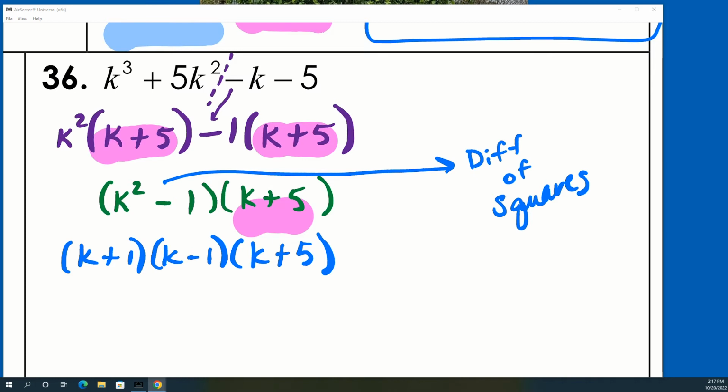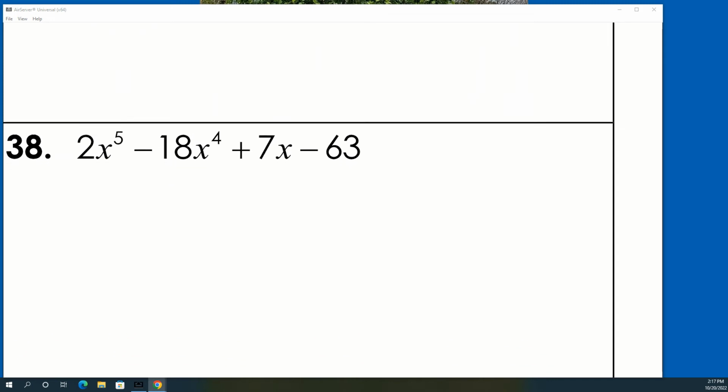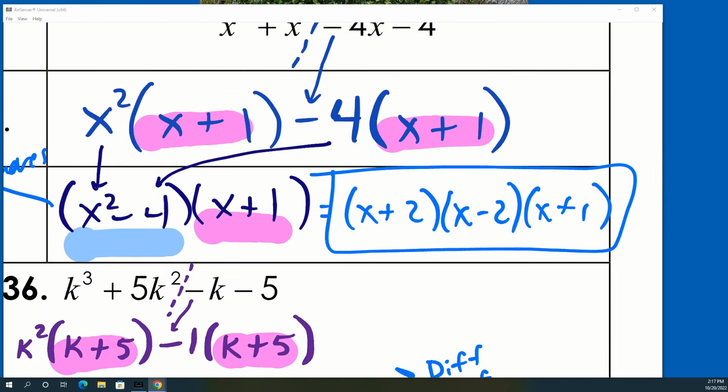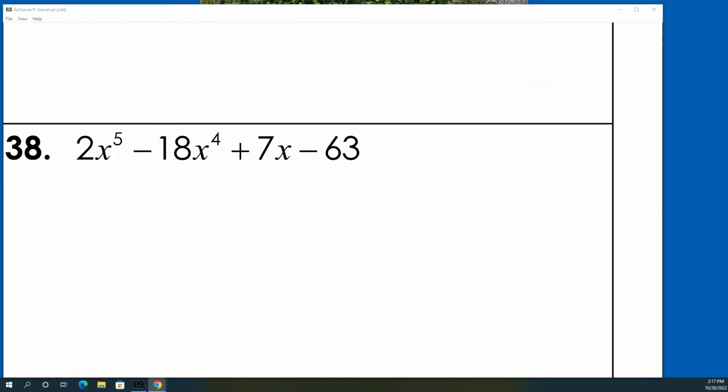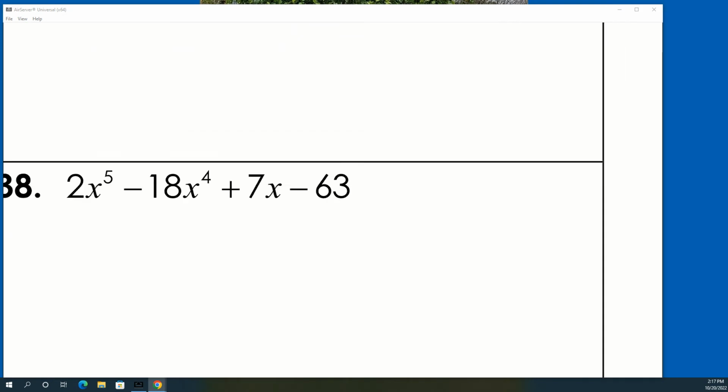All right, let's do one more. Let's do 38. It's a little bit weird because all these other ones have had x cubed or k cubed. This one has x to the 5th, so it's fine.